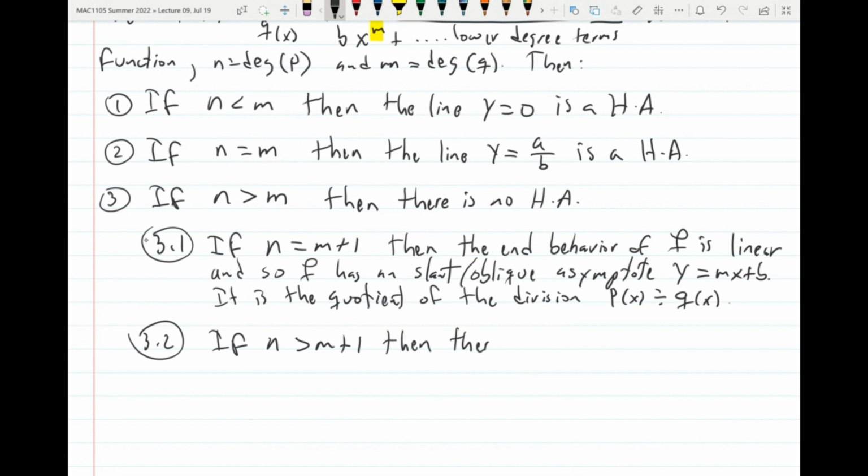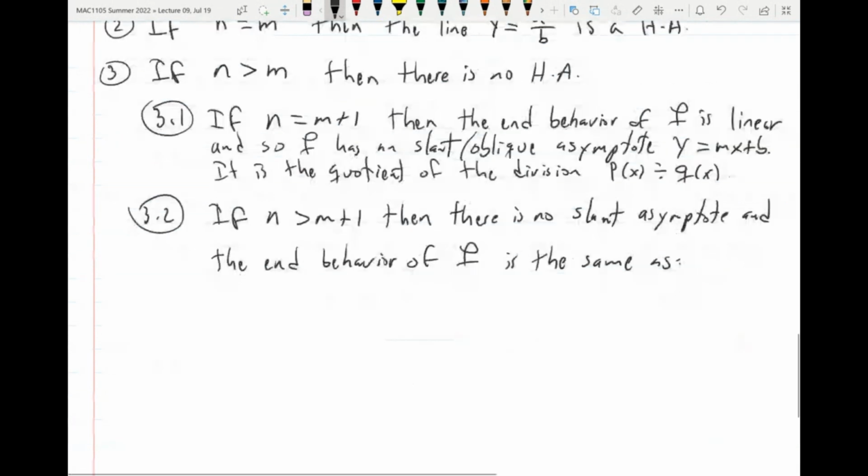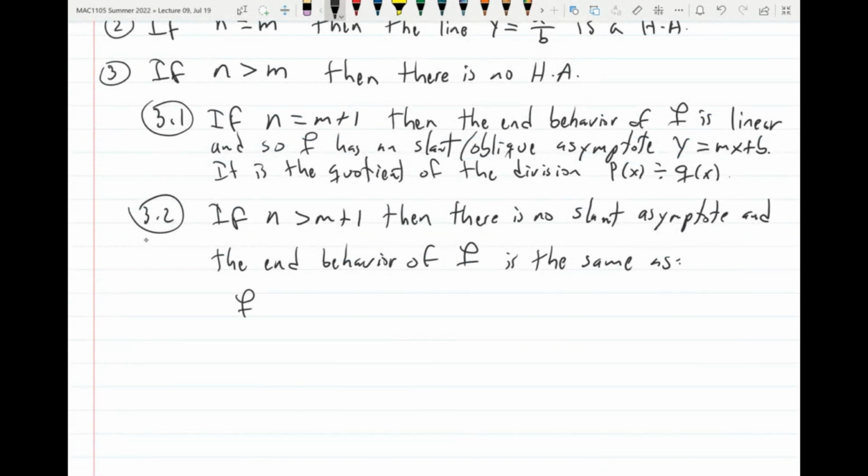Then there is no slant asymptote, and the end behavior of f is the same as the ratio of the leading terms of top and bottom, so a x to the n over b x to the m. It's going to have the same behavior as this one.